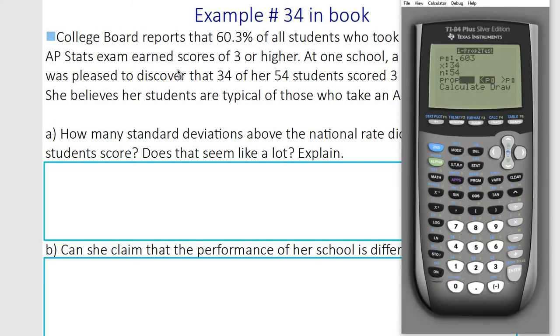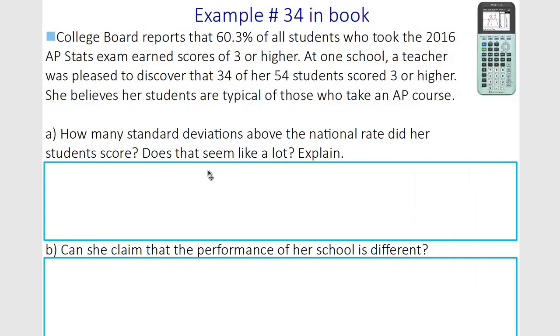We want to know if it's more, so we're going to use greater than and calculate. Notice the z-score is 0.399999, so you round up, and that becomes 0.400, and the p-value is 0.34. We learned two important pieces of information there.